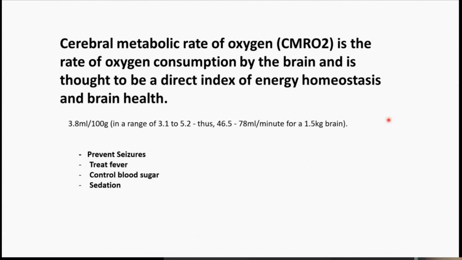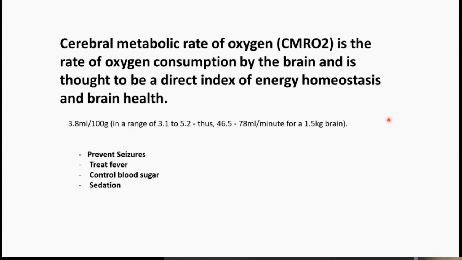Seizure is a metabolic event. It will require lots of oxygen. And the absence of this oxygen will cause cascades of infarction, ischemia, failure, and cell swelling, which will worsen the ischemia and the edema. So prevent seizure.